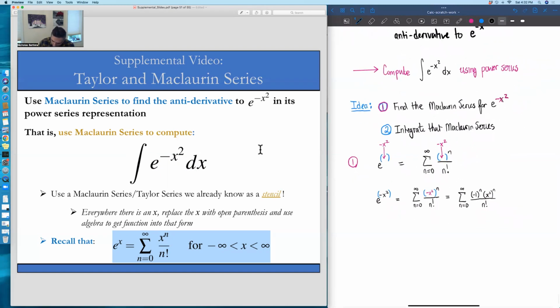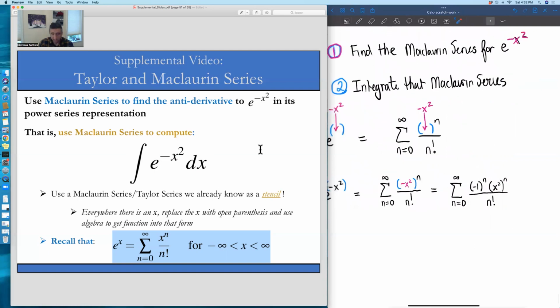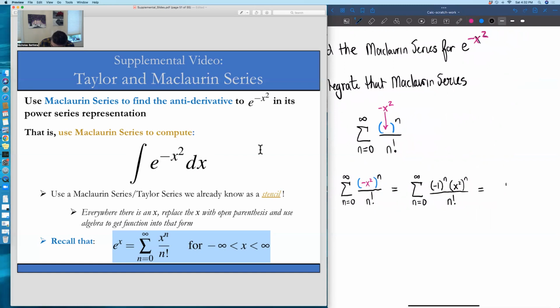However, since we still have an x squared being raised to the nth power, our variable x is being raised to the second power, which is raised to the n, we can multiply those powers together. So we could take this one step further if we wanted to, and we can rewrite this series from n equals 0 to infinity of minus 1 to the n times x to the 2n all over n factorial.